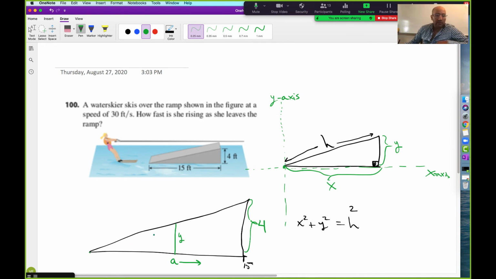So this is some distance from here to here. Some distance as she's traveling across there. So let's make that a z. The entire thing is h.